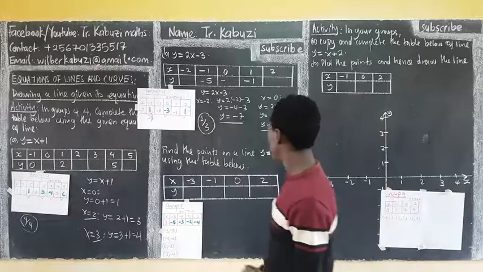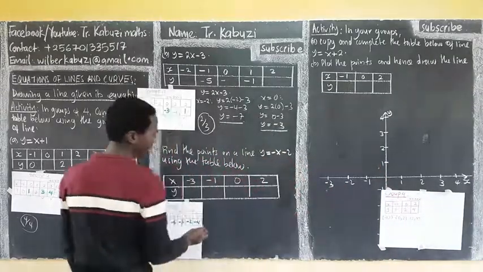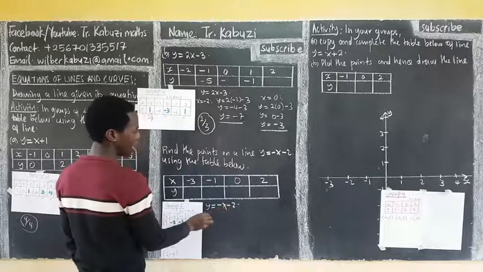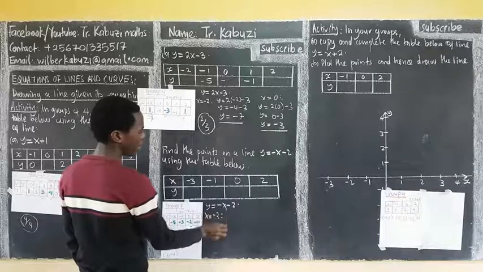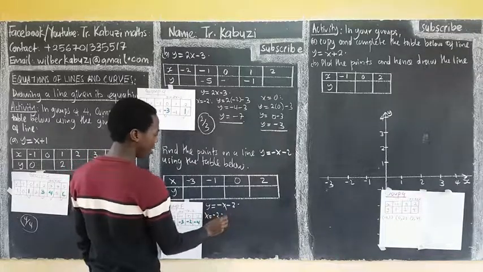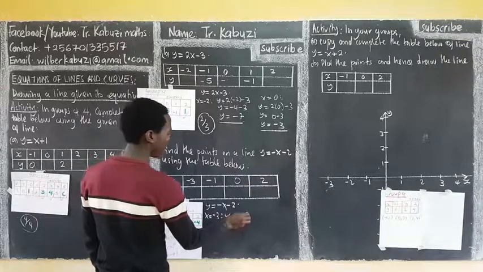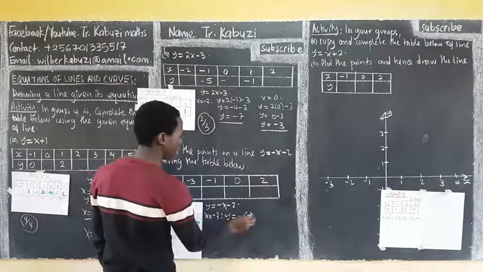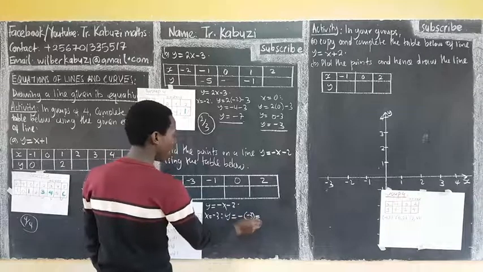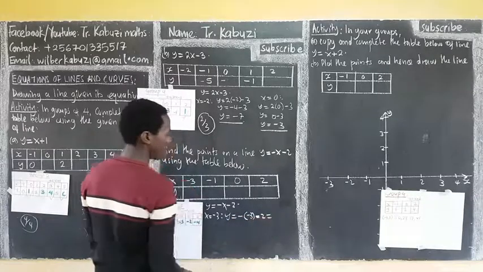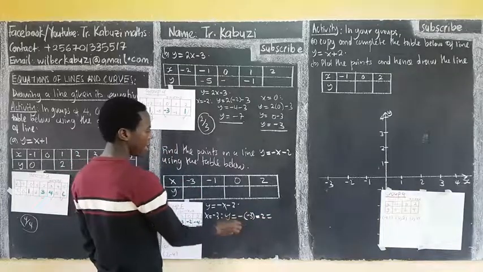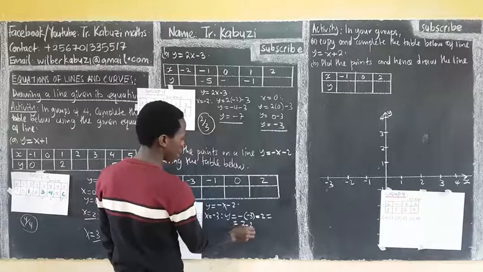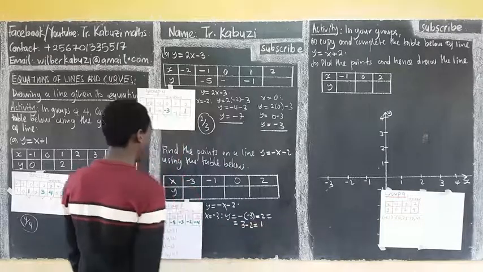The equation we have is y equal to negative x minus 2. So when x is negative 3, we have y as negative, remember this one is already negative, but our x is now negative 3, then minus 2. Negative and negative, we get a positive, so this will be 3 minus 2, and the answer was supposed to be 1.